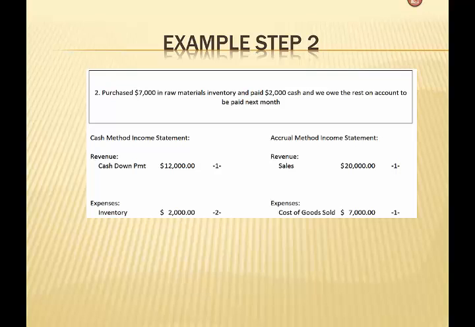And we've spent some cash, but cash also is on the balance sheet. And we have an accounts payable because on account means that we're using accounts payable, but that is a liability and liabilities are on the balance sheet. So we do nothing on the accrual method.